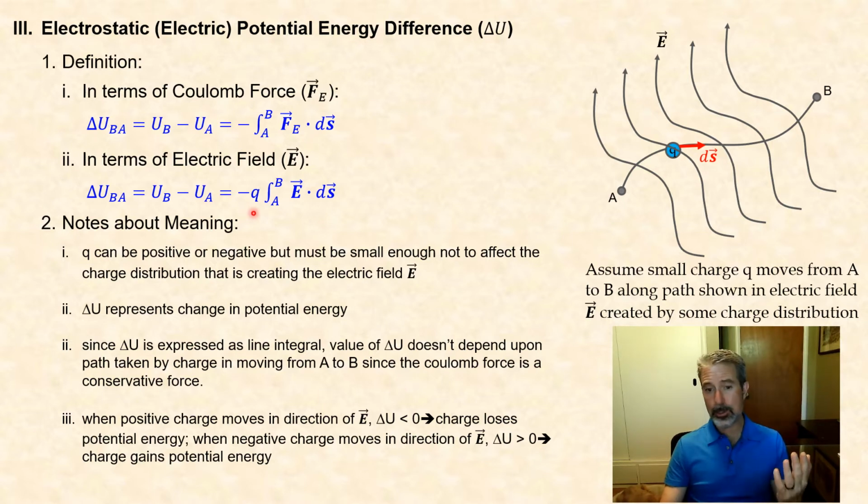You can see here the opposite is true, that when you have a negative charge, when you put in a negative value for Q, the negatives cancel out, and you will find that the change in potential energy is going to be positive when that charge moves in the direction of the field. So in this case, that is synonymous with your charge gaining electric potential energy.